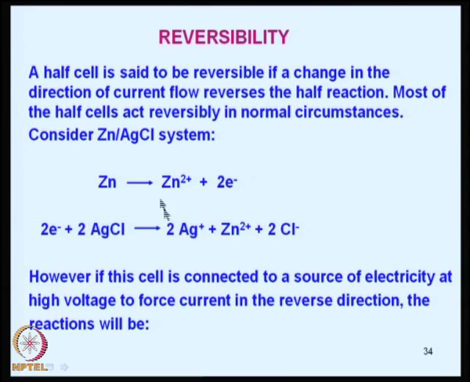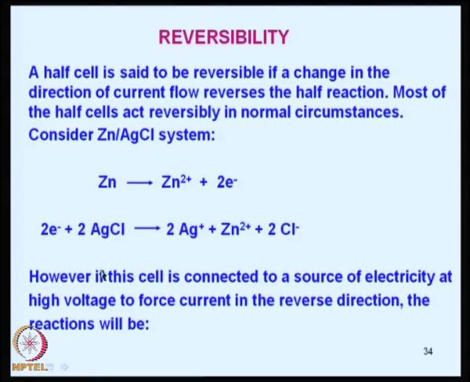Instead of current flowing from zinc to silver, it will flow from silver to zinc. So all these reactions are reversible. That means you change the polarity, current will go from positive to negative, and you change the polarity again, it will come back from negative to positive. All you have got to do is choose the right way.